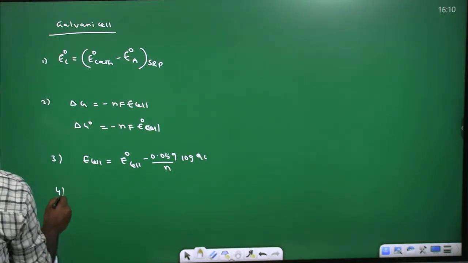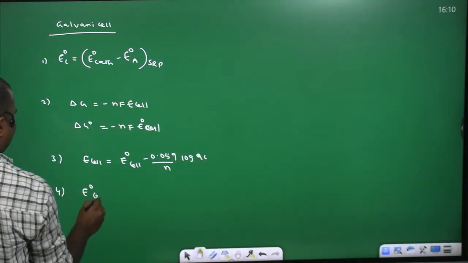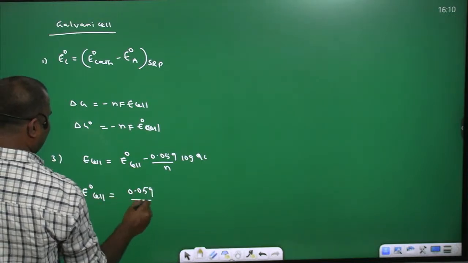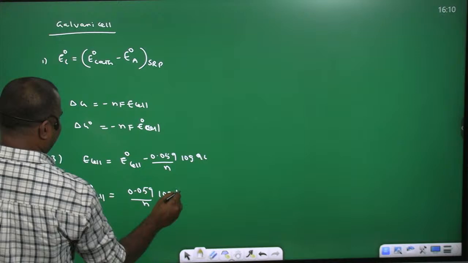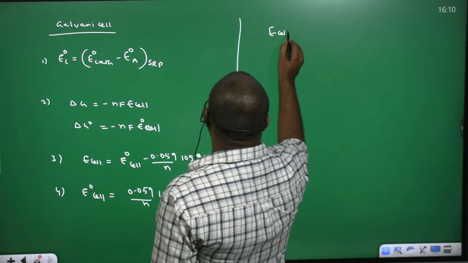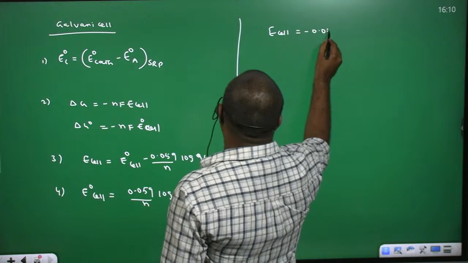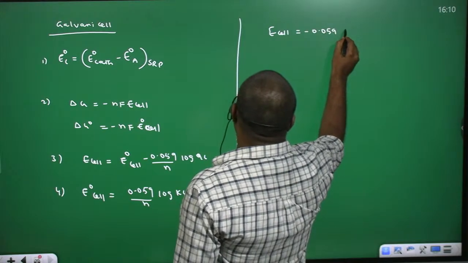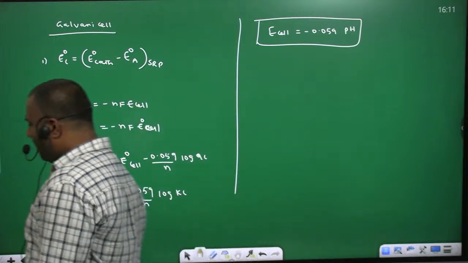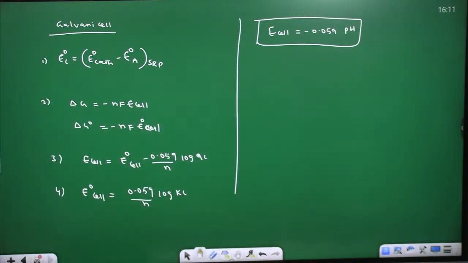The Kc and E cell relation: E naught cell equal to 0.059 by N into log Kc. The pH relation: E cell equal to minus 0.059 pH. These are the different equations.